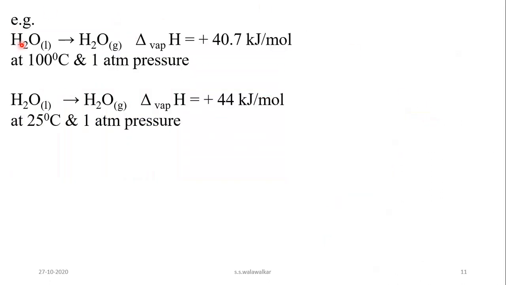So for example, when water is converted into gaseous water, that is vapor state, how much amount of heat is absorbed? 40.7 kilojoules. This much heat is absorbed at 100 degree Celsius and at 1 atmospheric pressure. And if this same change is carried out at a lower temperature, that is 25 degrees Celsius, but pressure constant, then the delta H, enthalpy of vaporization, is plus 44 kilojoules per mole.